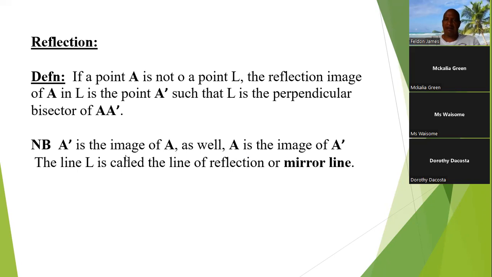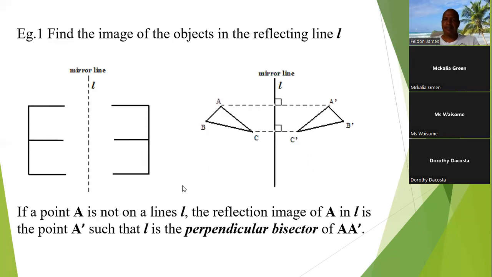If you start off with A dash as your pre-image, then the image would be A. If you start off with A as the pre-image, then the image would be A dash. So vice versa. The line L is called the line of reflection or the mirror line. So every reflection will have a mirror line, guys.